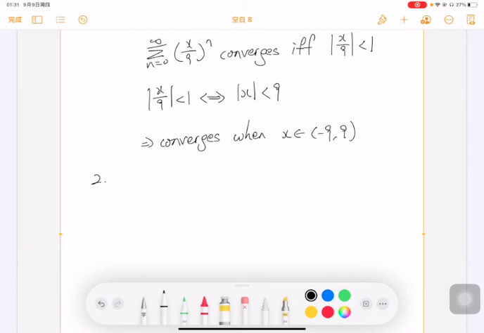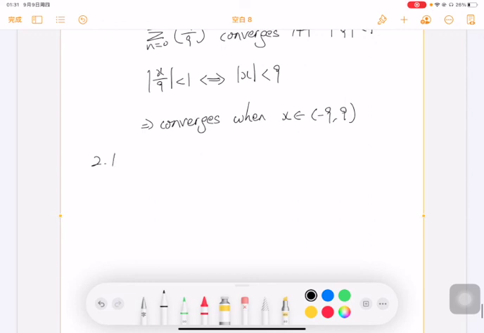For the second one, for what values of x does the sum from 0 to infinity of 6x^n divided by n factorial converge?